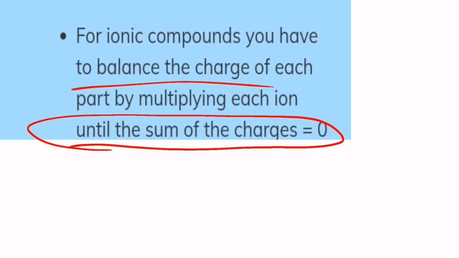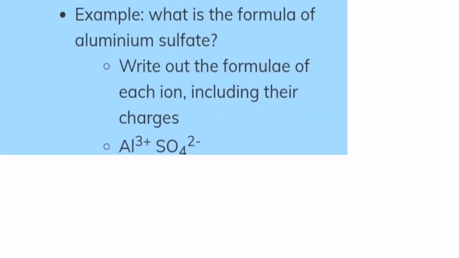So let's explain what we mean by that. Let's look at this example: what is the formula of aluminum sulfate? All right. So we are going to write out the formula of each ion, including their charges.